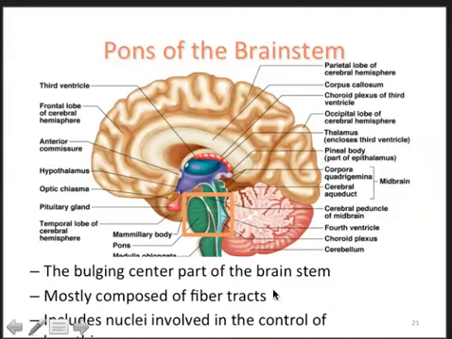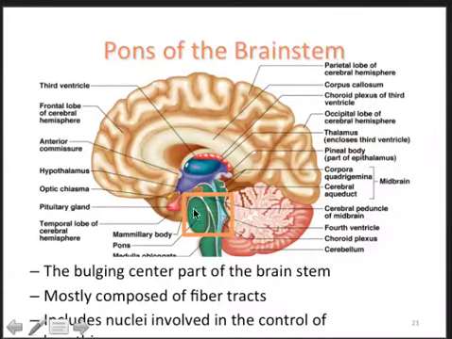What they do is they periodically innervate the diaphragm when we're unconscious so that breathing can continue even when we're asleep. Notice that it sits in front of the fourth ventricle and the cerebellum, both of which are surrounding here the fourth ventricle of the brain, which receives cerebrospinal fluid from the third ventricle via this little passageway called the cerebral aqueduct.